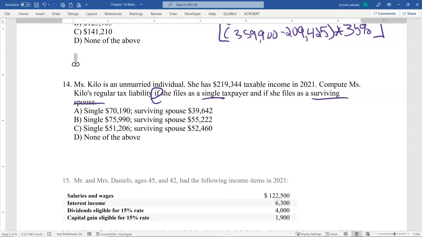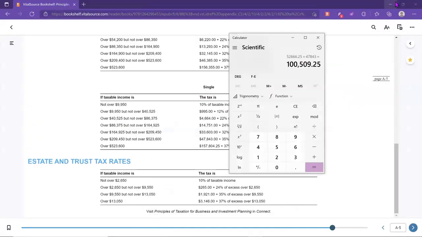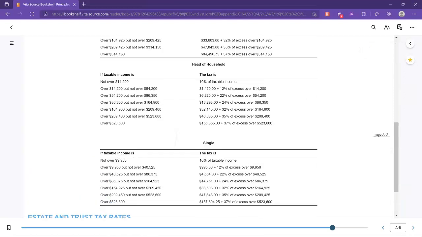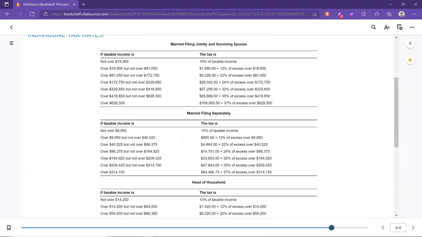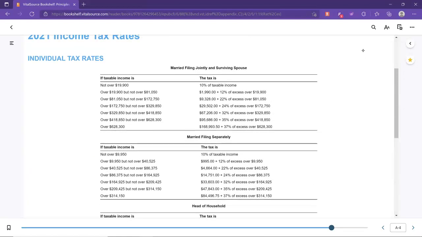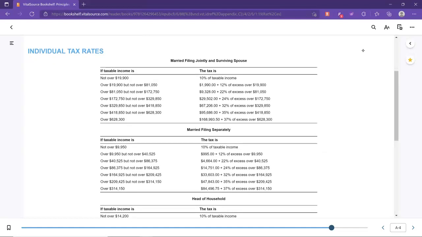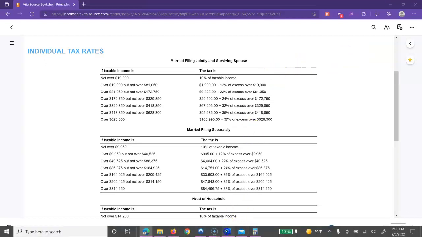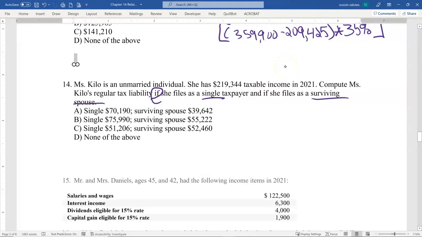I'm going to run through the same thing we've been doing here, except I'm going to be using first the single table, and then for the last one I'm going to be using the surviving spouse or married filing jointly table. So I'm going to let you work through those calculations, so pause now and work through those, and then I'll let you know the solution here.